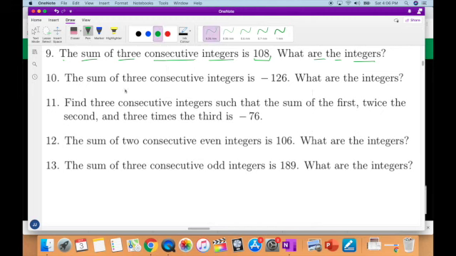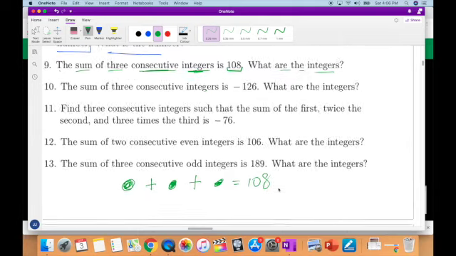So the sum of 3 consecutive integers is 108. So that means I have one integer, plus another integer, plus another integer, gives me 108, right?